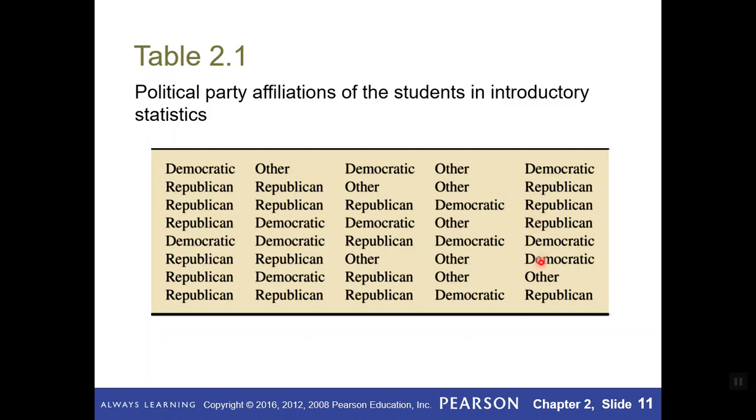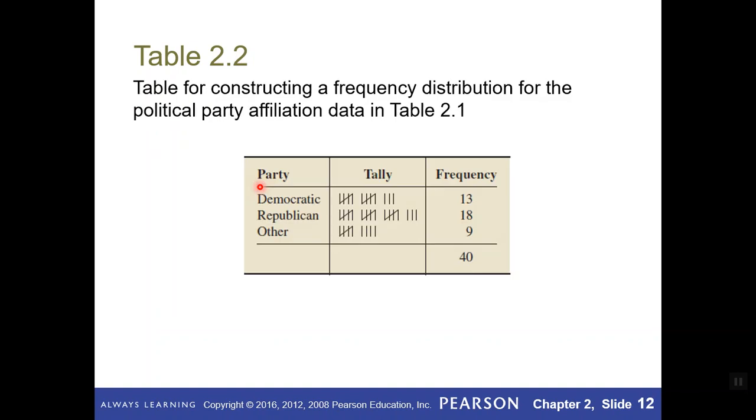So there are 13 Democratic. Likewise, you have to count how many Republican, how many others in this picture. So I have mentioned here Democratic there are 13, Republican 18, others there are 9. So this is how we do our counting.